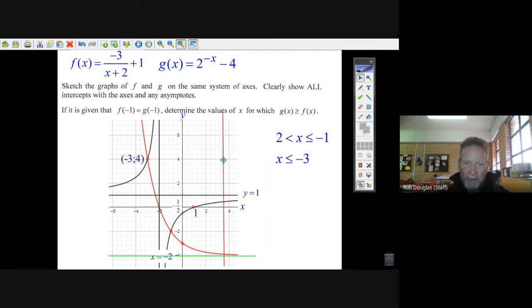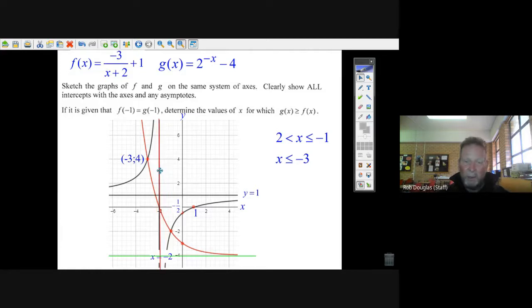Well, right down here, the hyperbola is above the exponential, but something special happens at -1. Right at -1, both are equal. As soon as I go here, looks like f is above g, which is the red exponential. It's above the hyperbola all the way to -2.